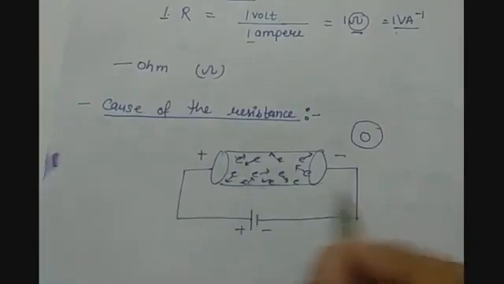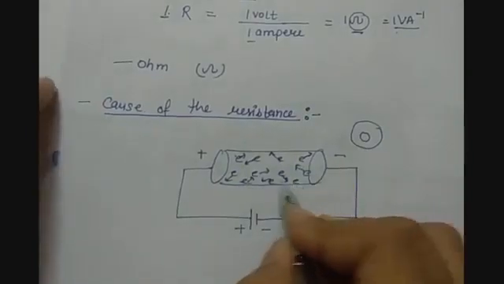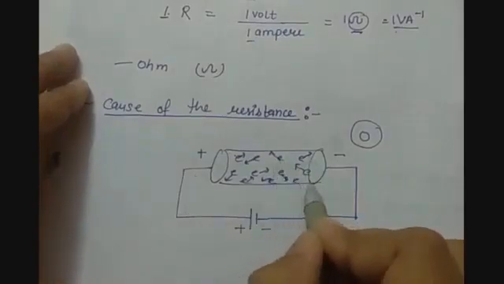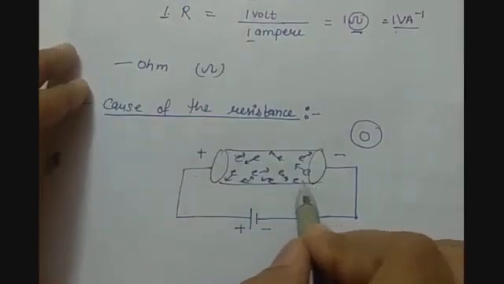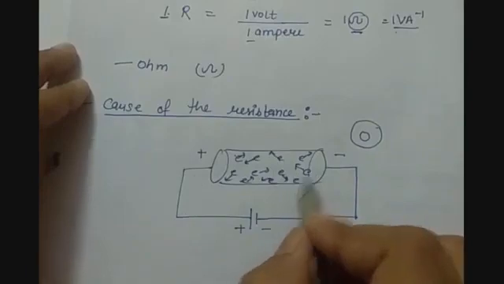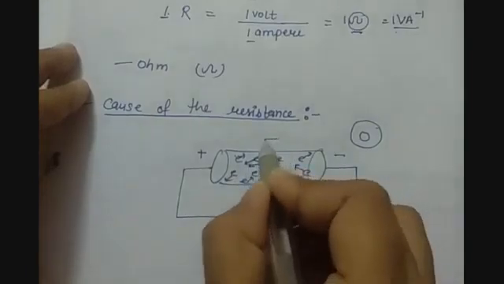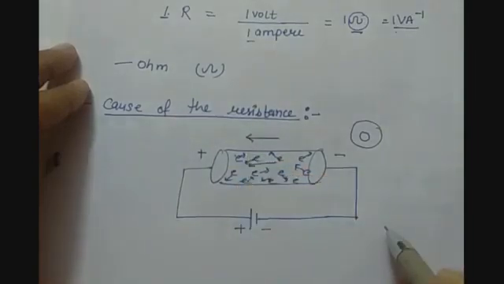So here, when they have to move towards the positive terminal, then the random motion of each electron will be changed. They all will try to move in this direction. So the net flow will be in this direction.